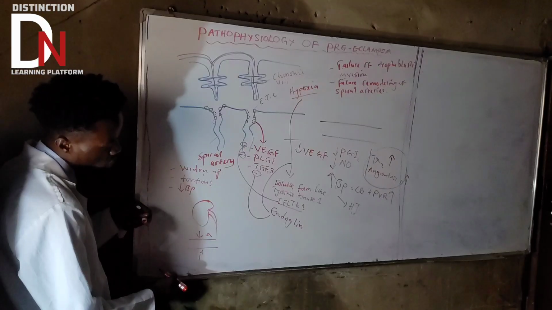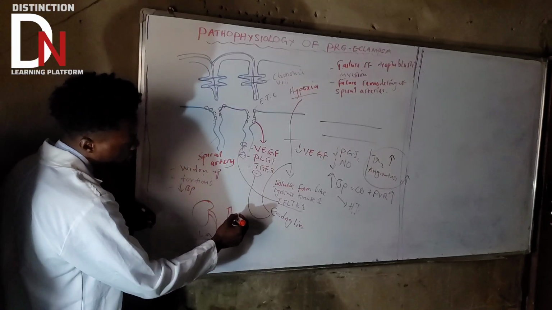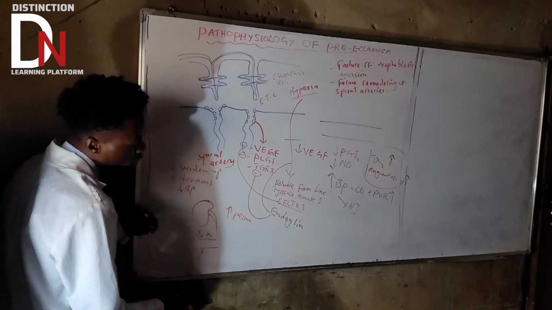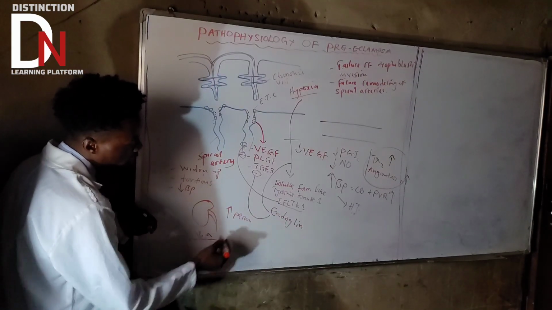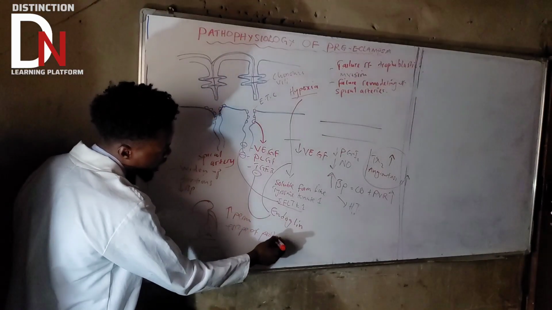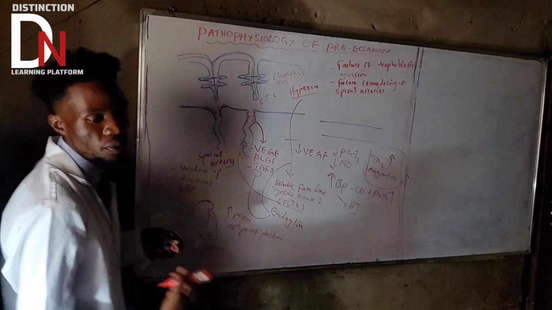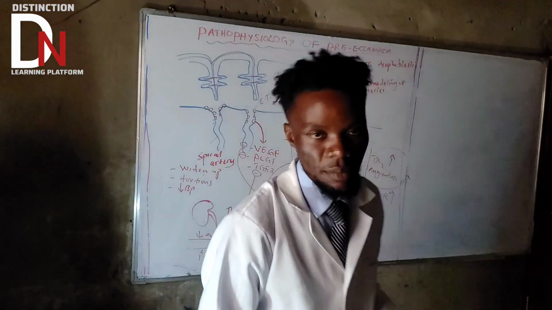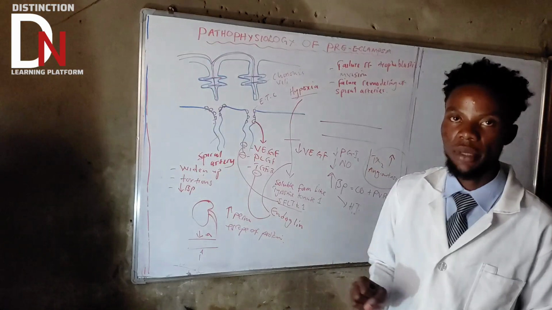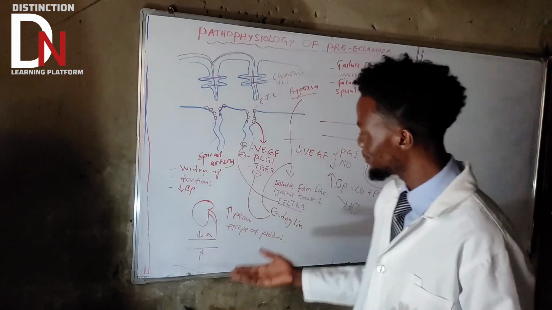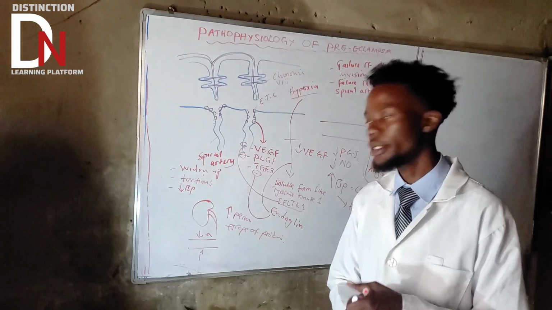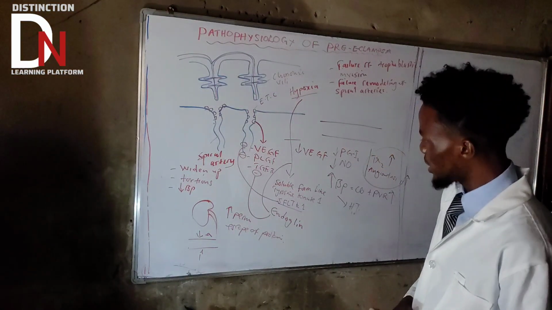If there is endothelial damage, there will be an increase in endothelial permeability. Increasing the permeability of the endothelium there will lead to escape of proteins like albumin. And that's the main reason why someone with pre-eclampsia is going to have protein in urine: because of endothelial damage, because of the hypertension that we discussed in the pathophysiology. Yeah, so that's about that.